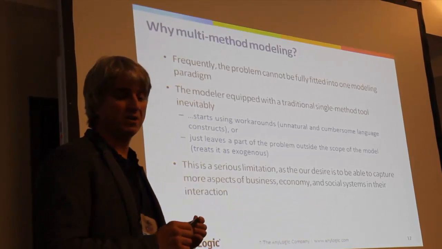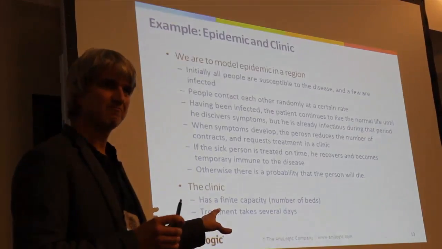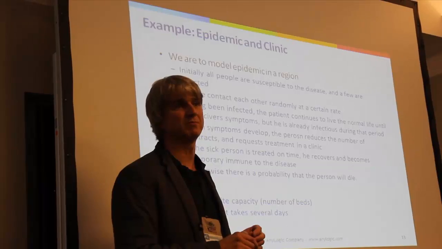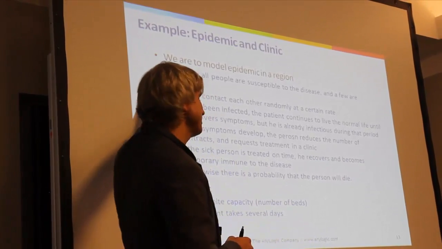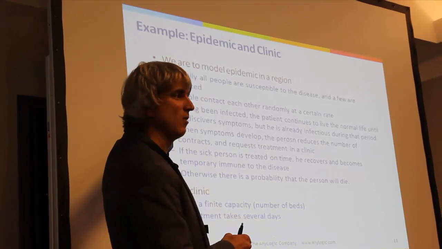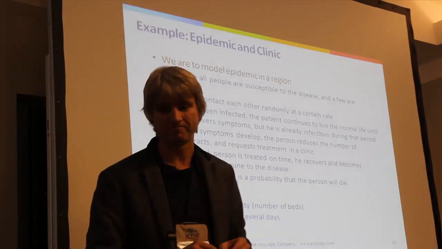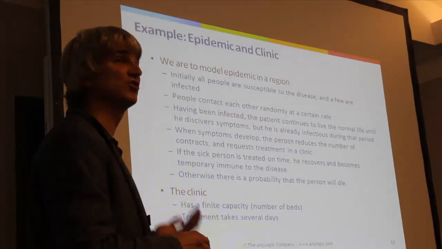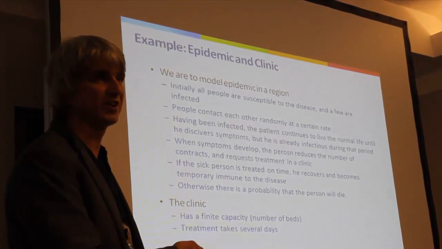I will build a model of epidemic and clinic. Clinic will be a very simple discrete-event model of a hospital where people are treated. Epidemic, part of the model, will be the model of people who experience a contagious disease and can potentially die if they're not treated on time.